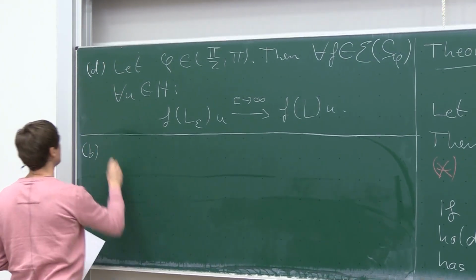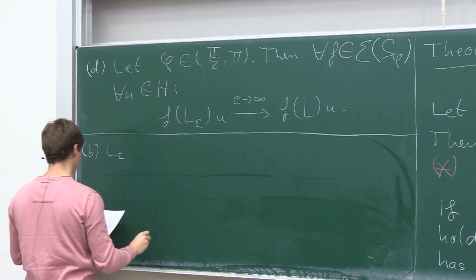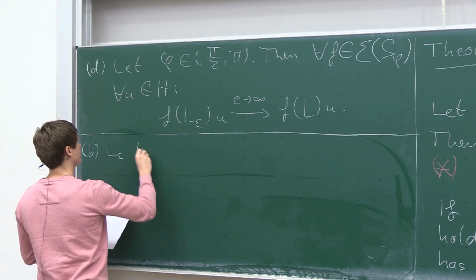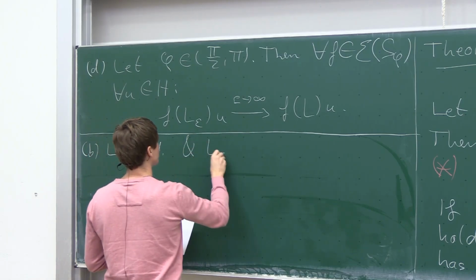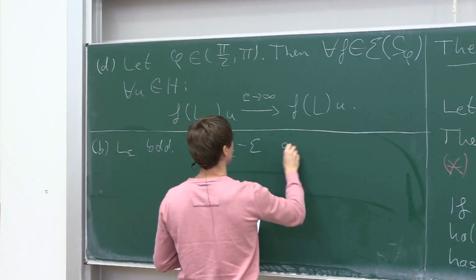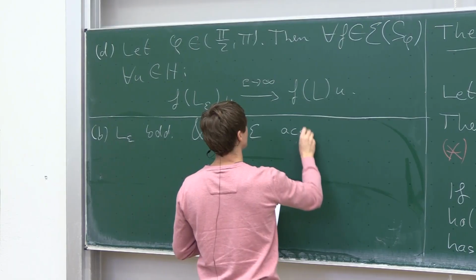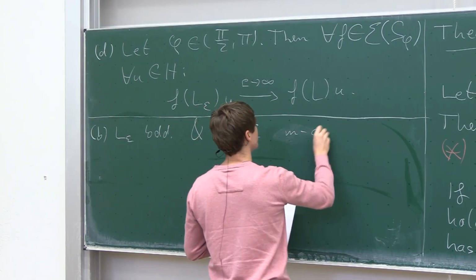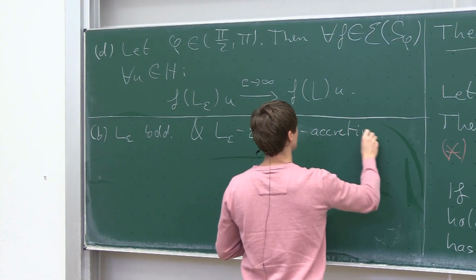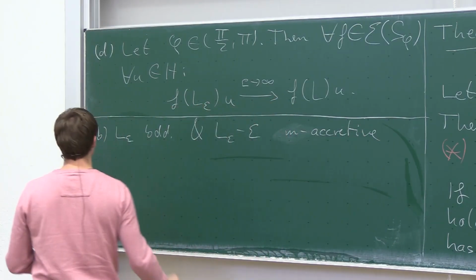So what do we know? We know L epsilon is bounded, and we know that L epsilon minus epsilon is m-accretive by the thing we just proved. So what does it mean?